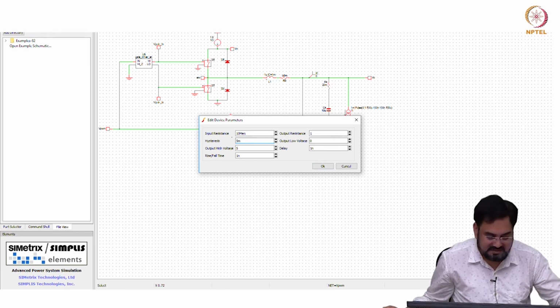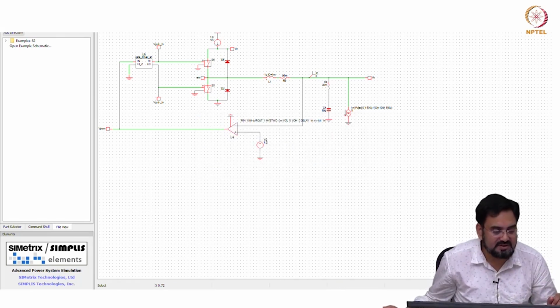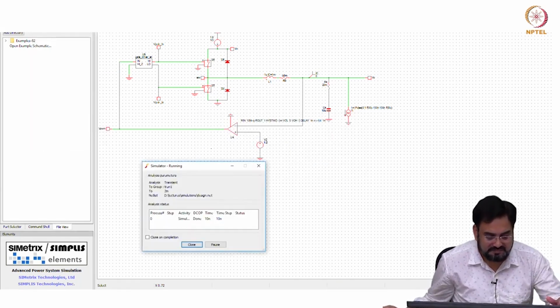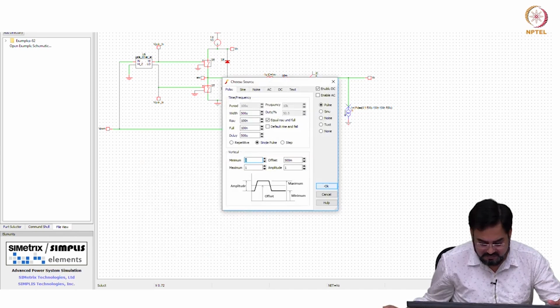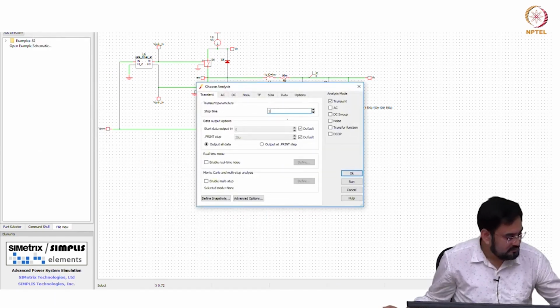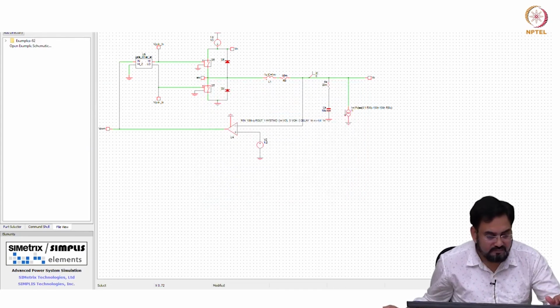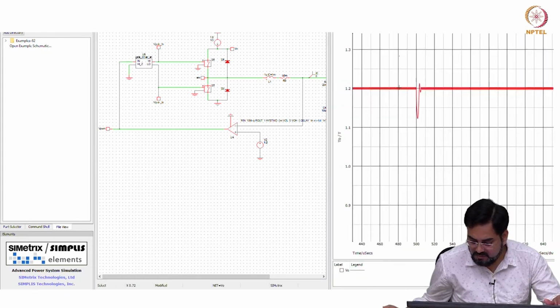I need to check whether its hysteresis is a peak to peak here or half. So, that we can look at the output. So, this is your output.